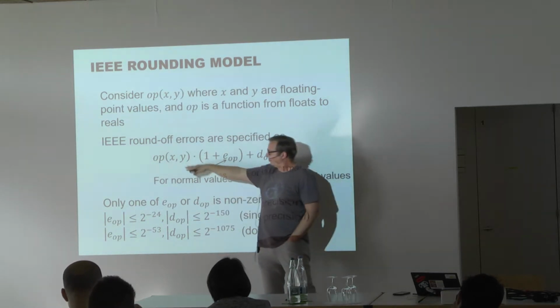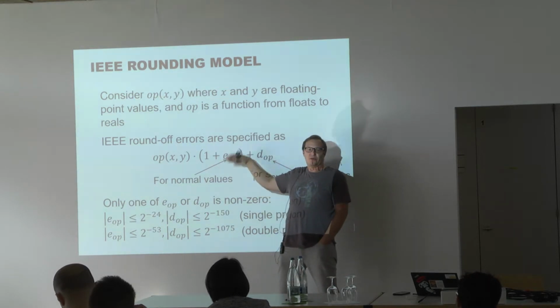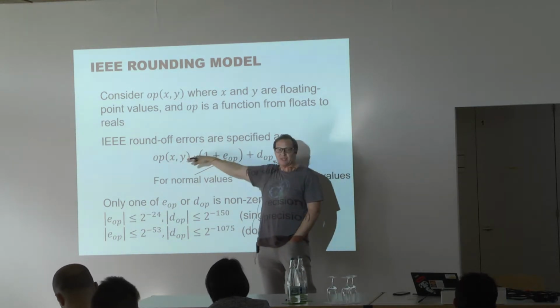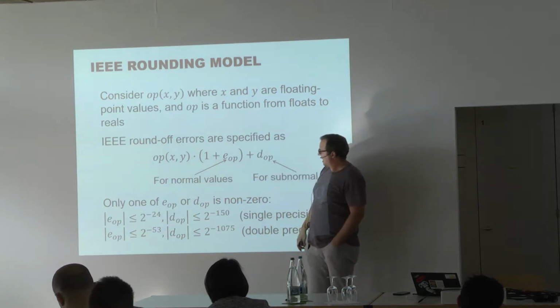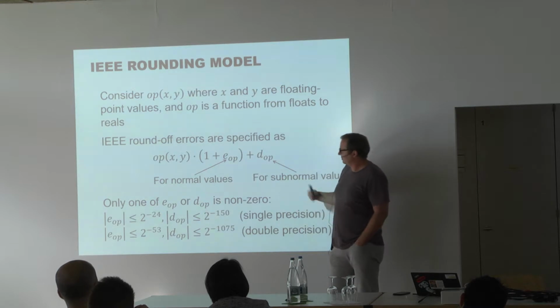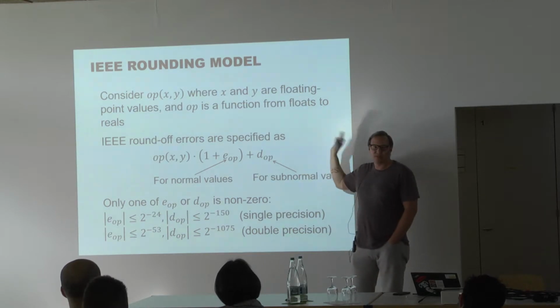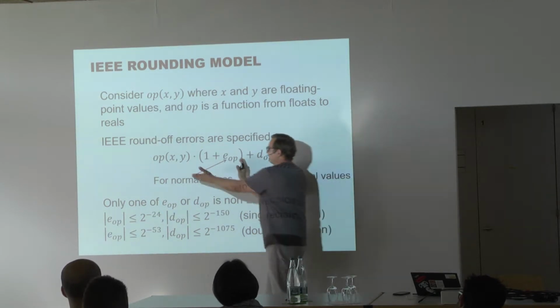So you perform your operation over reals, and then this adds this error, floating point error noise, to the result of the operation. So this E is the error that gets introduced. And then there's this special part for subnormal values, but I'll ignore this in the rest of the talk. We'll just focus on this part.